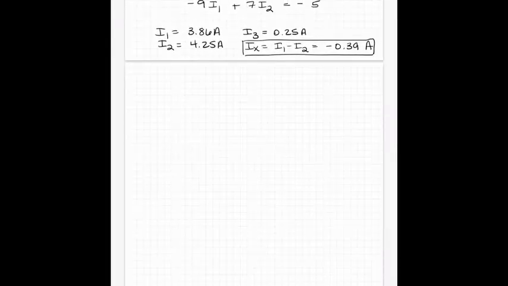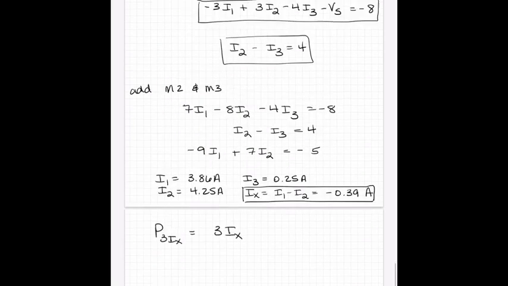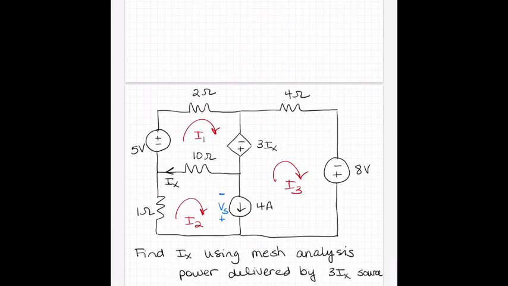Okay, so let's come back down here. So the power for the 3Ix source is equal to the voltage, which is 3Ix, even though there's a current in this voltage equation. The dependent source is based on a current. This has units of volts. And again, it might help you to put units next to these dependent sources to make sure that you don't get confused.